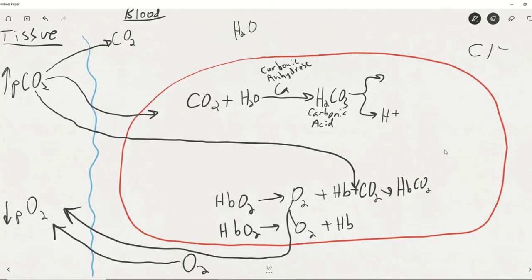So this carbonic acid, it's an acid, it's in water, it dissociates, we get an H plus. But look back at the carbonic acid. If we take an H plus off of this, what are we left with? We're left with HCO3 minus.